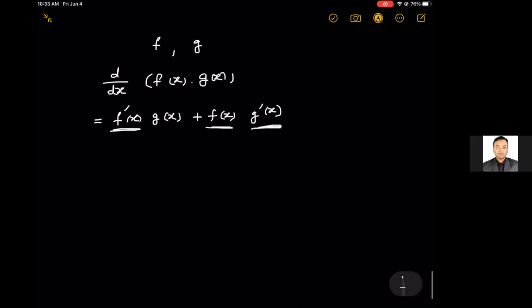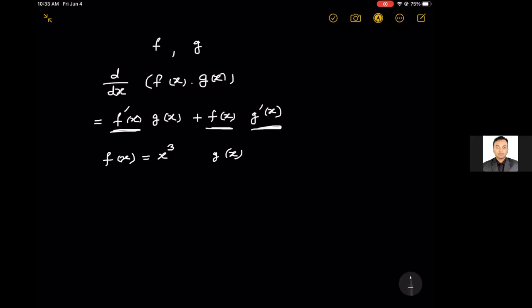Now let us see one example, and hopefully it will make more sense. So we have, let's say, f of x equals x cubed, g of x equals, let's say, 3x.